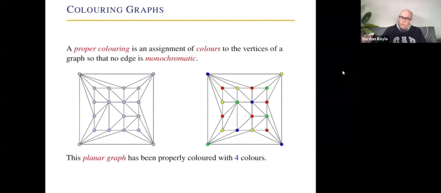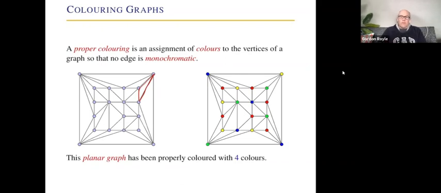So this is a talk about things related to coloring graphs. Just some terminology, which most of you will know already. We have a graph, and the graph that I've drawn here on the left is planar, so it has no crossing edges. Every face is a triangle, except for one, which is the outside face, the infinite face, which is a square.